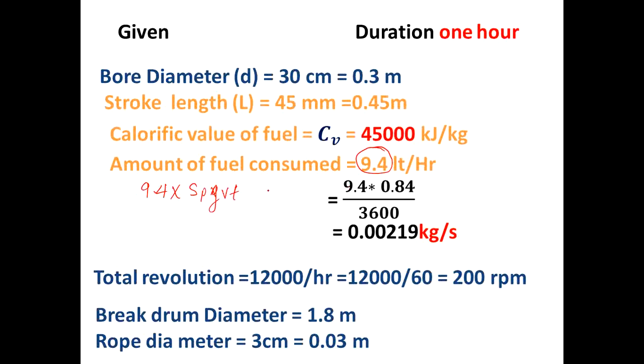Since it is an oil engine, the specific gravity of diesel is around 0.84. They won't give it in the examination. You should know it because you are mechanical engineers and will design many engines. So the specific gravity of diesel is 0.84.